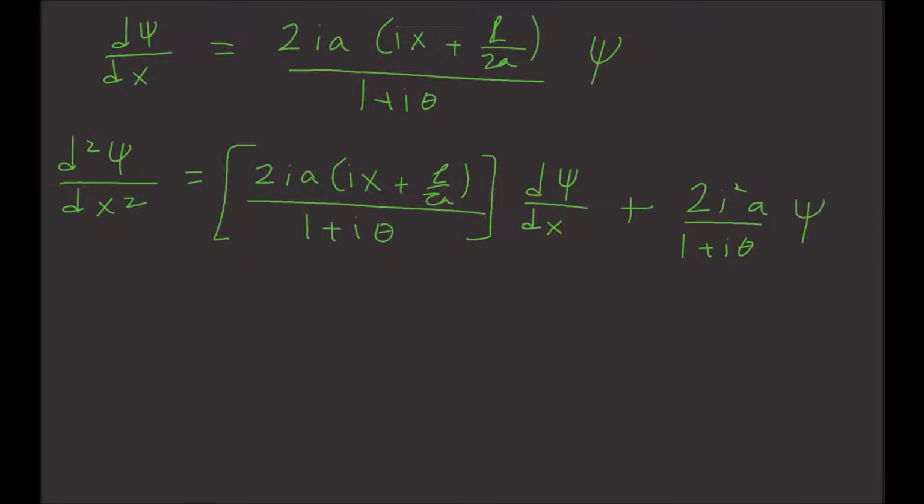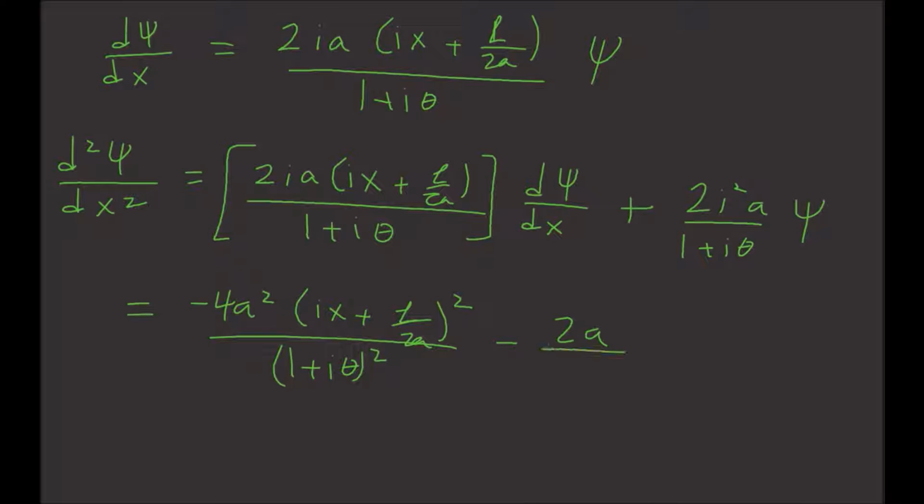Remember the product rule. So now we have this going to be equal to minus 4a square times I times x plus L divided by 2a, square, divided by 1 plus I theta square, minus 2a divided by 1 plus I theta.